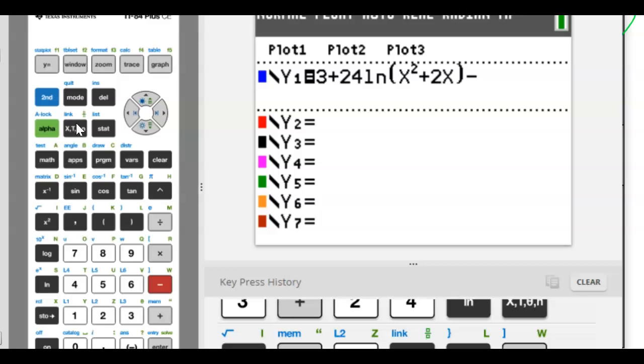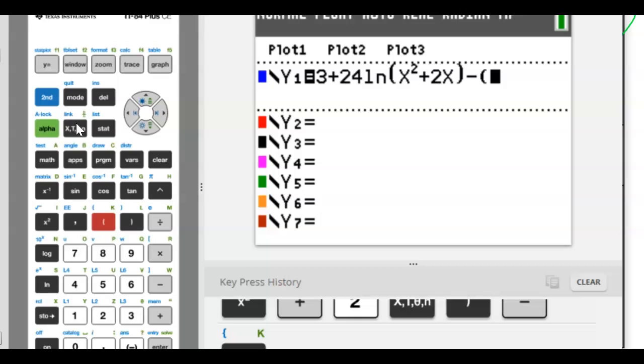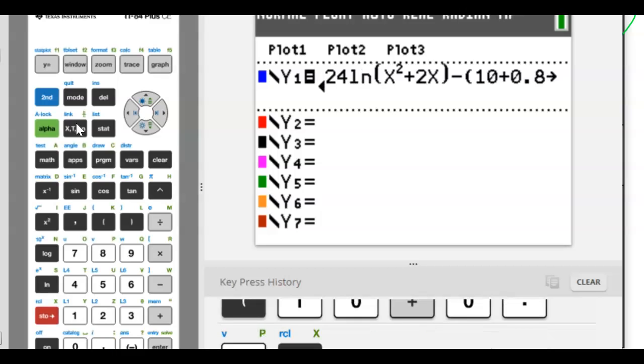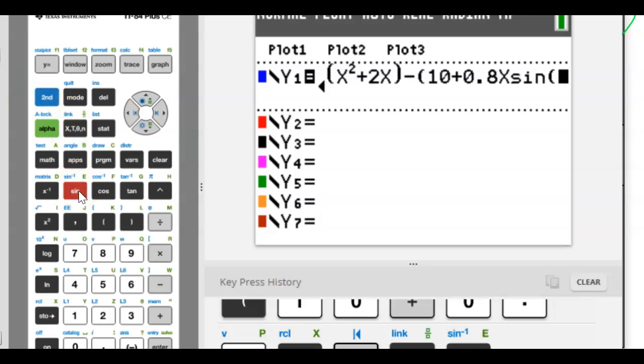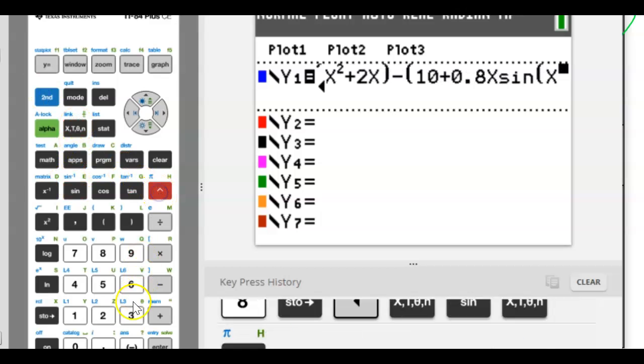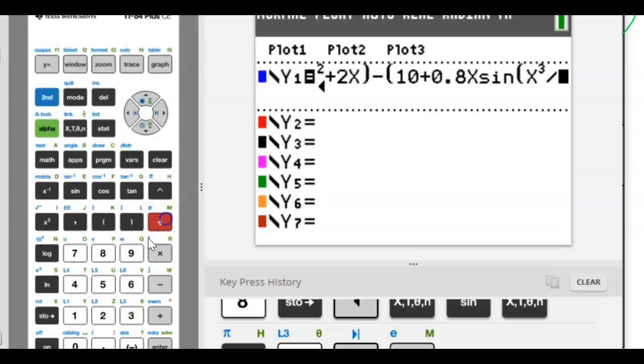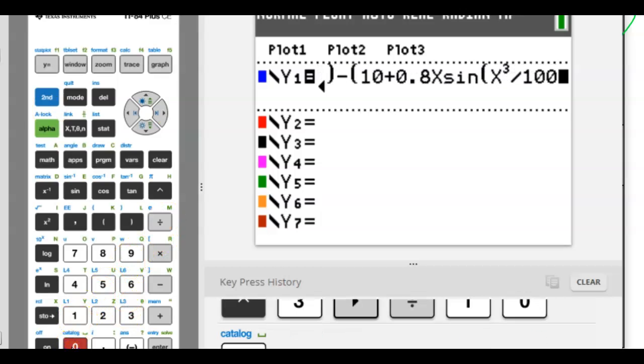And then minus f, 10. You can distribute, but I don't. x, sine x cubed divided by 100. All right. And close my parentheses.